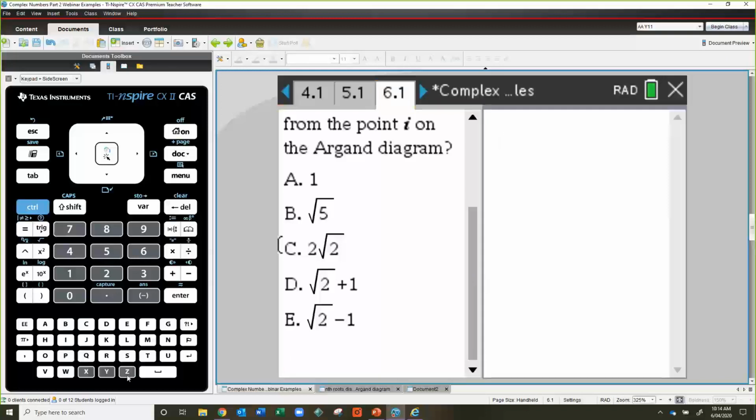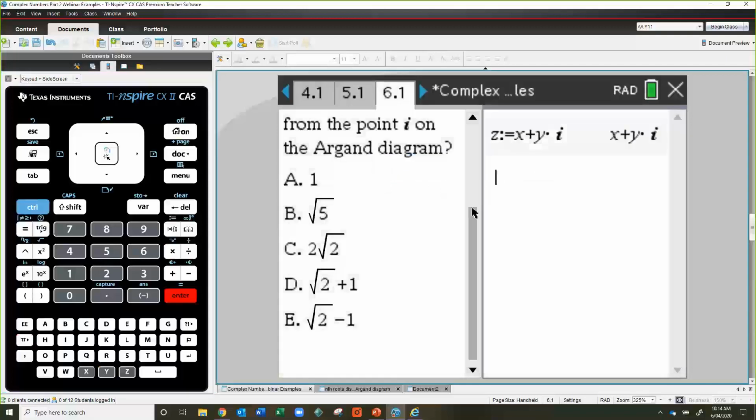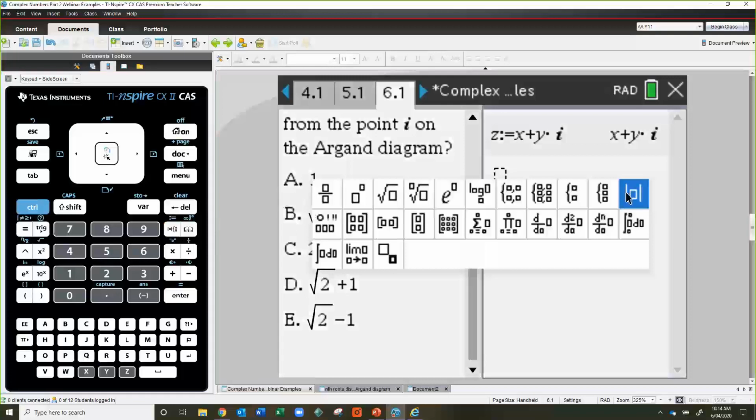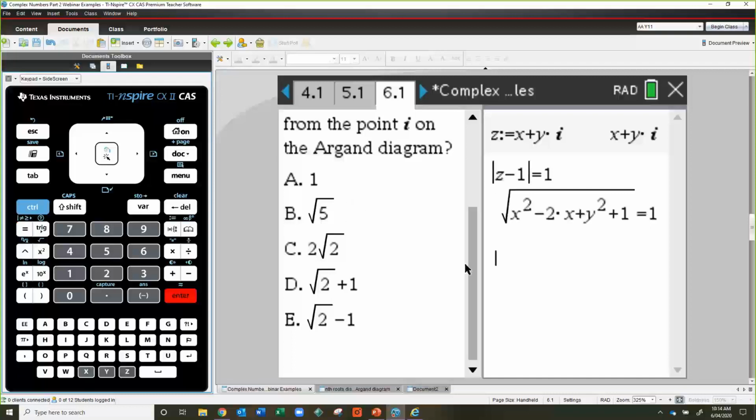So again, I will start with saying my z is x plus y times I. And I will find what the region is by saying modulus z minus 1 is equal to 1. And I square both sides.